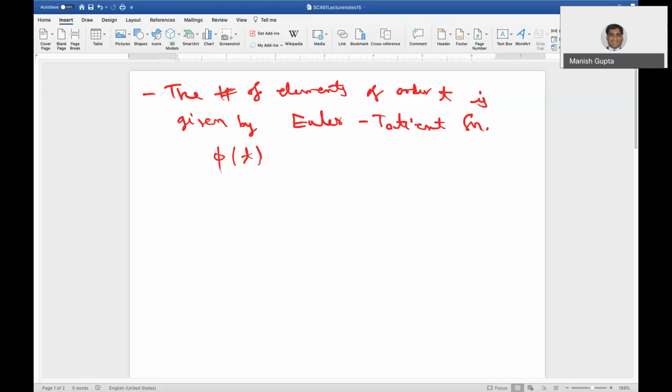For example, if t is 10, I have to compute phi of 10. So we note that I have written all the numbers up to t minus 1 and then see how many of them are relatively prime to it.